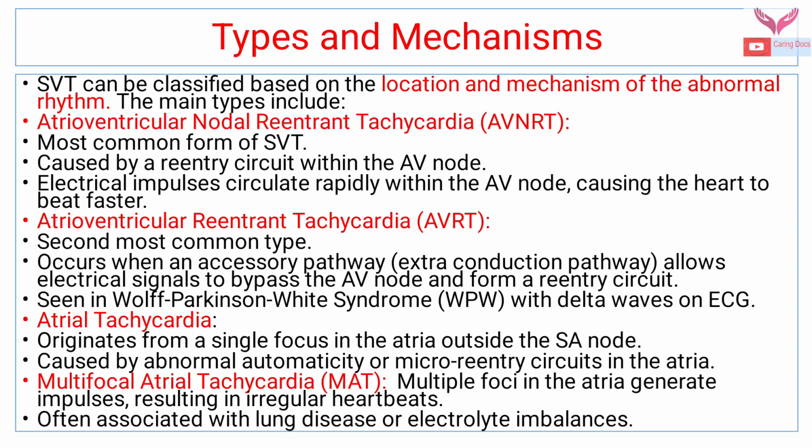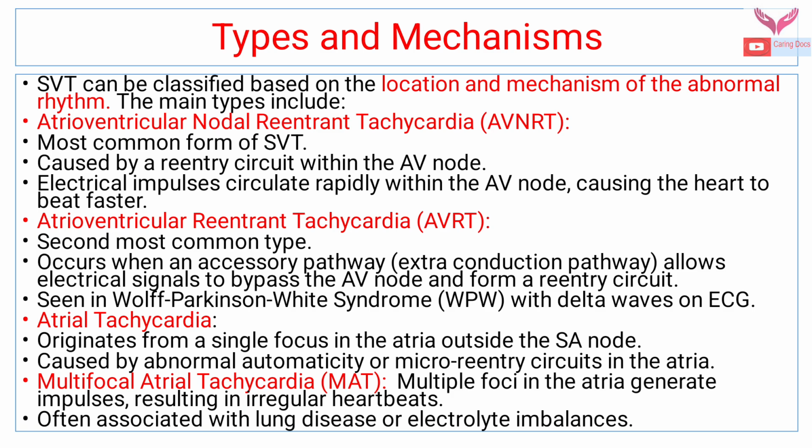The various types of SVT can be classified based on the location and the mechanism of abnormal rhythm. The types are atrioventricular nodal reentrant tachycardia, that is AVNRT. It is the most common form of supraventricular tachycardia. It is caused by a re-entry circuit within the AV node.